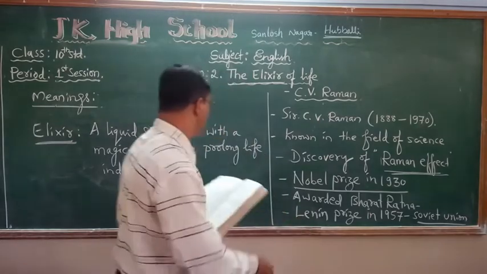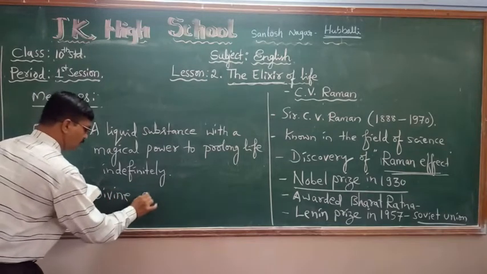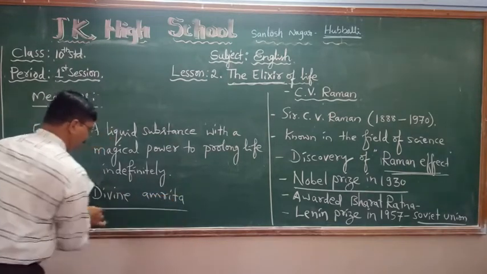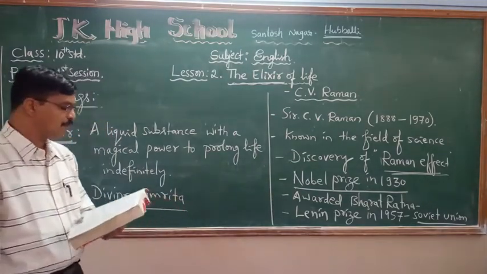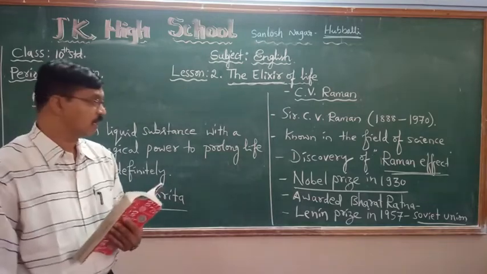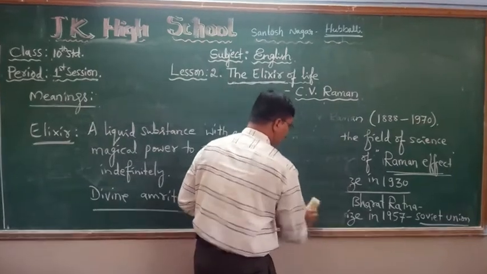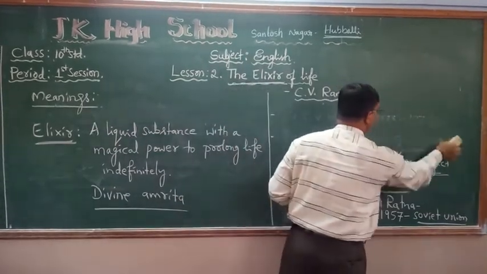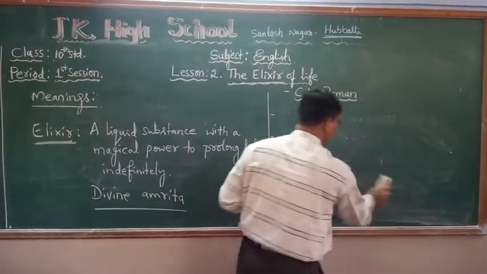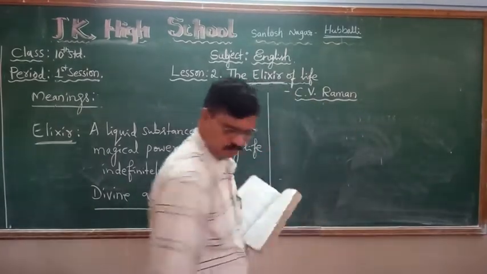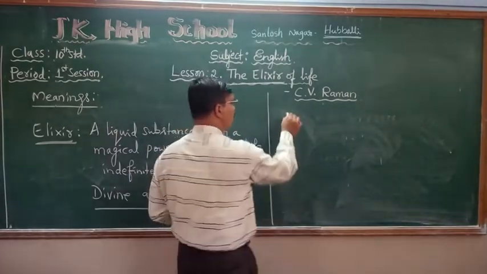But this we call the divine Amrita, a liquid substance considered an imaginary elixir of life to confer immortality. Mortal, opposite word, immortal. Mortal means it is temporary, not permanent. It is going to be extinguished and lose its identity.